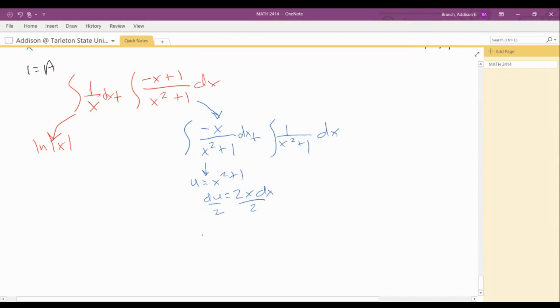And right here, we can factor out a -1/2, u to the -1, and then we get -1/2 natural log of u.